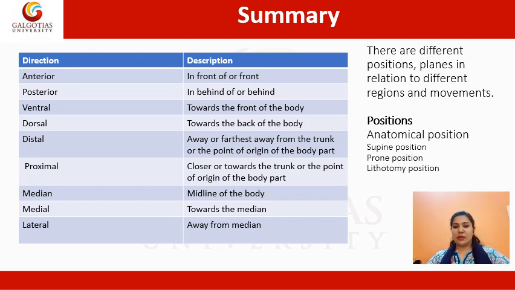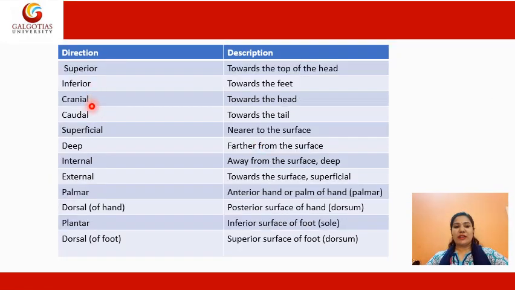Here is a quick summary of all the directional and positional terms. We studied the anatomical position, supine, prone and lithotomy positions. We also discussed the directional terms: anterior, posterior, ventral, dorsal, distal, proximal, median, medial, lateral, superior, inferior, superficial, deep, external, internal, palmar, dorsal.